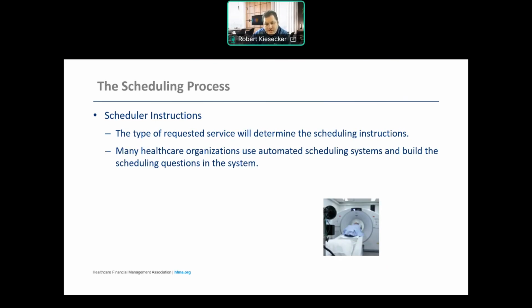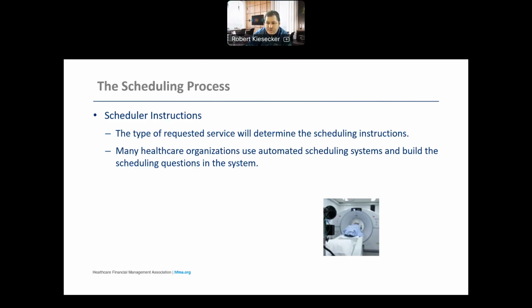Scheduler instructions. So the type of requested services will determine the scheduling instructions. Instructions to the schedulers range from the basics such as amount of time needed for the test to complete, to when room, equipment, and personnel must be coordinated to provide the needed services.